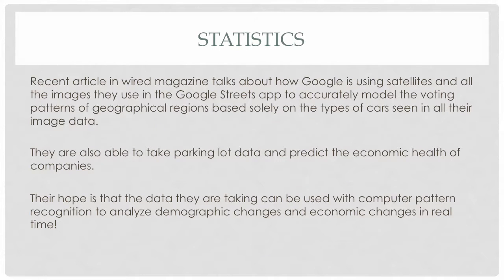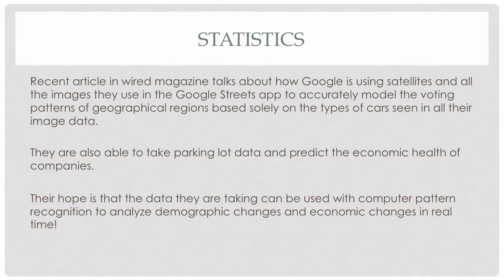All right. The other thing I want to get in, I just read a recent article in Wired magazine. I can forward this to you if you want it to. But this is how big data and statistics is, right? Everybody knows Google. Well, I just read this article about how Google is using all of its map, all of its satellite, all of its Google Street data, where they take pictures of literally the whole Earth all the time.